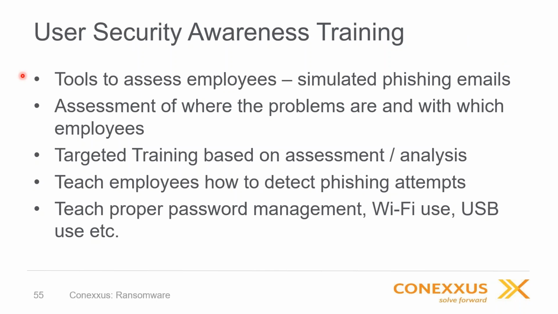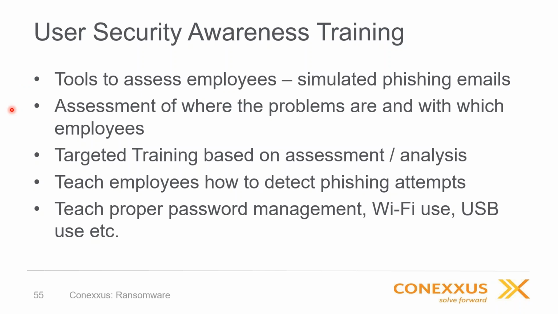Basically, security awareness training consists of tools that you use to train your employees to avoid phishing emails, the emails directed to them that are attractive, that they want to open, and essentially execute that attachment that you don't want them to execute. Modern awareness training includes tools to assess individual employees. It actually creates and sends phishing emails, and looks to see which ones are opened by which employees.